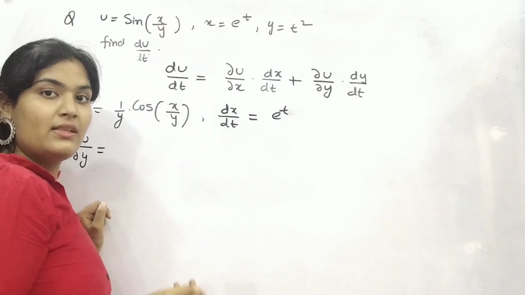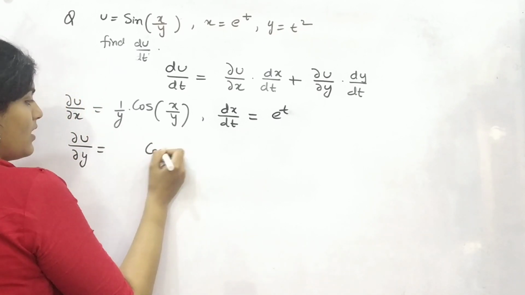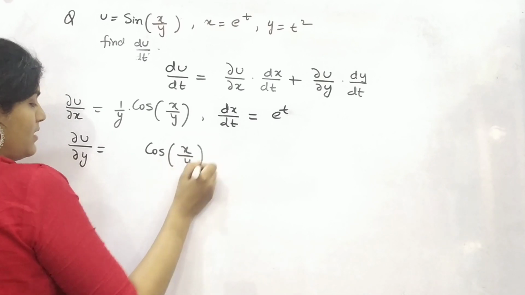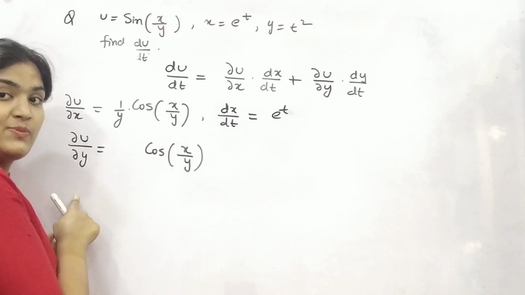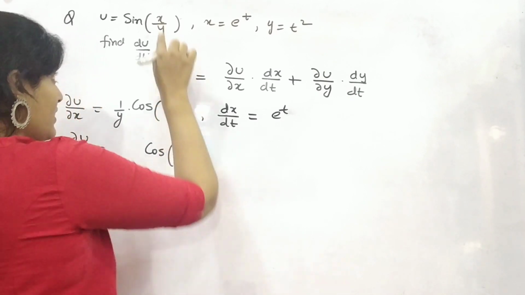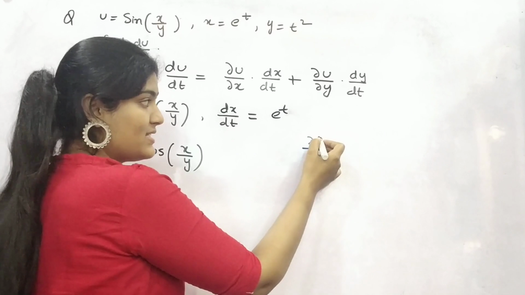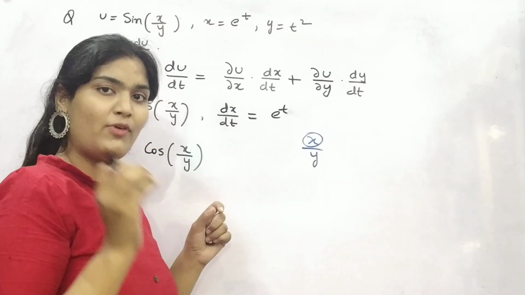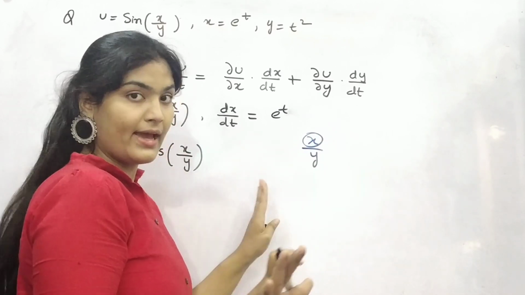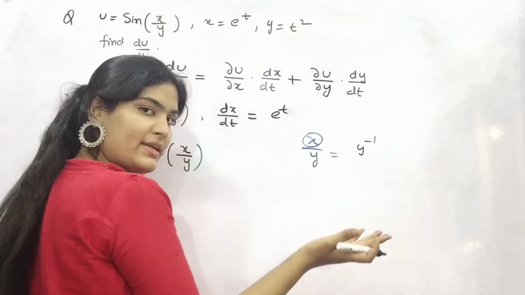So again, differentiation of sine is cos. But because you are now doing it with respect to y, keeping x constant, what you need to do? You have to consider this as x by y, but now x is constant. For a moment, don't see x. Consider 1 by y. So you can write it as y raised to power minus 1.